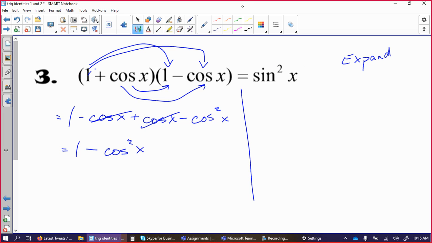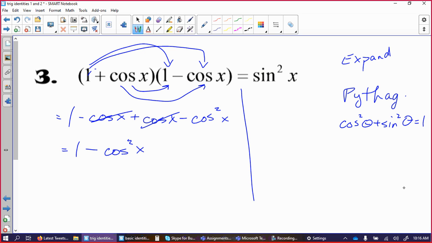Anytime we have that business, I'm looking for a Pythagorean identity. The base one is cos squared theta plus sine squared theta equals 1. So I want to make this Pythagorean identity look like that.